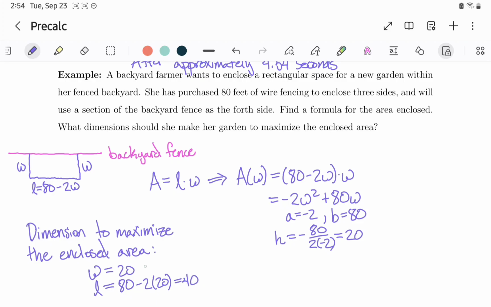And this is in feet, so 20 feet and 40 feet. So that's how we're going to use up all 80 feet. We're going to have 20 feet for these two sides and 40 feet for this side.